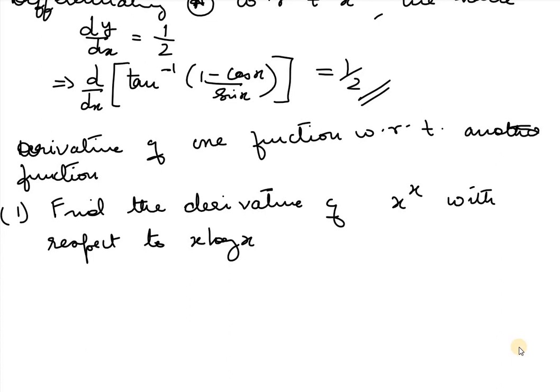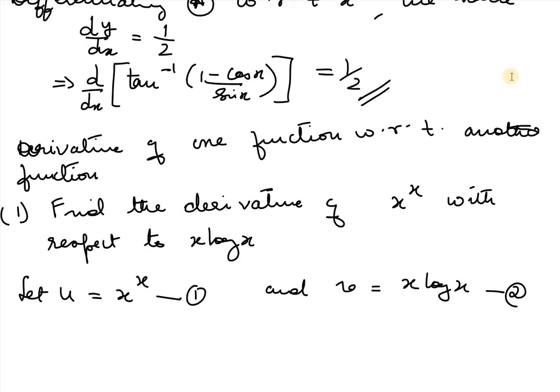So what we need to do now for this type of derivative, the first step is you take u is equal to x to the power x and v is equal to that second function x log x. Name this as equation 1 and this as equation 2.